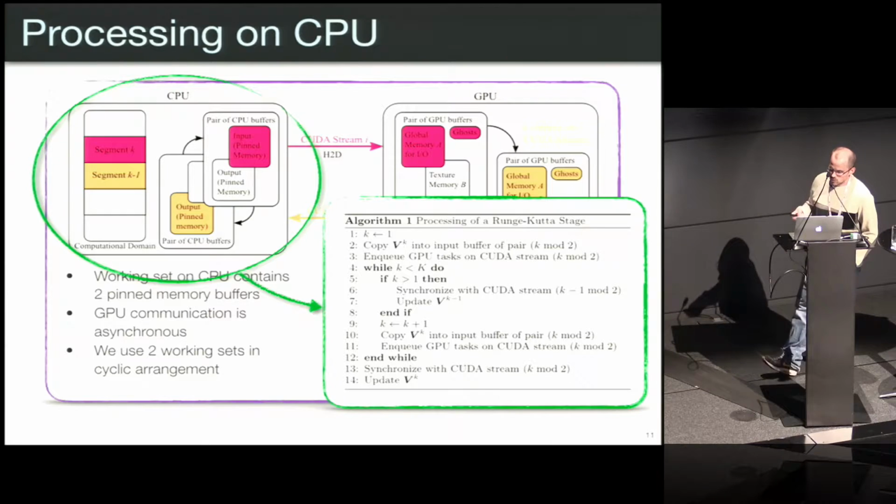Next, we loop over the remaining segments. If there was a previous segment, we synchronize with the CUDA stream to get the data back from the GPU, and we perform the scalar AX plus Y computation, which is denoted by the update here. And then we increment the segments and proceed in a similar way for all of the segments. And at the end, we still need to synchronize for the very last segment and again update on the host.